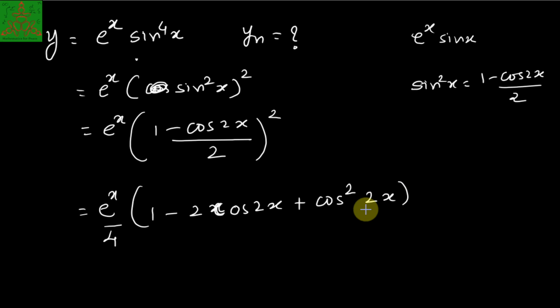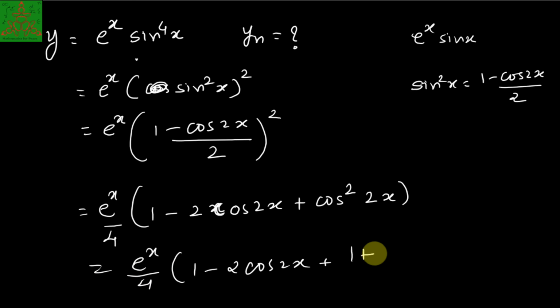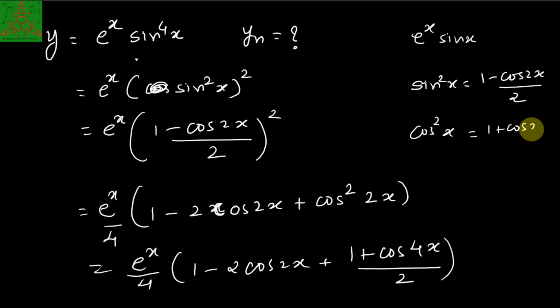Again using the formula of cos square 2x, it is e power x upon 4, 1 minus 2 cos 2x plus 1 plus cos 4x upon 2. Because we have a formula of cos square theta is 1 plus cos 2 theta by 2. Here theta is 2x, so that's why it is 4x.